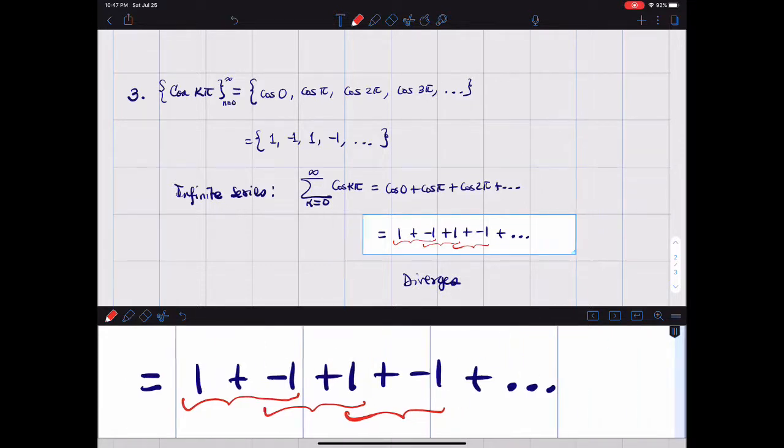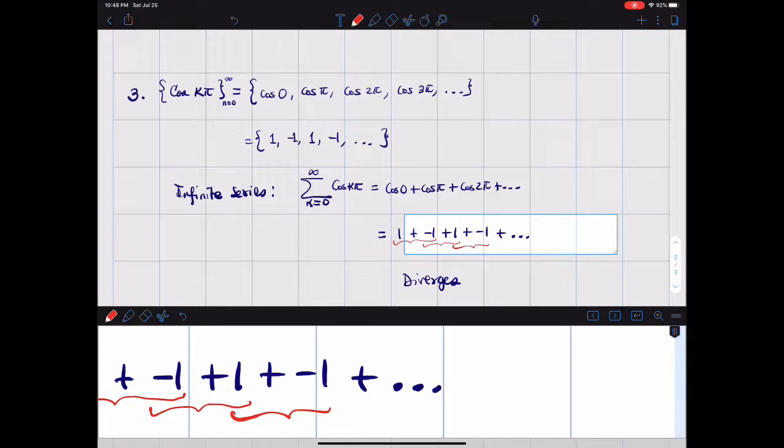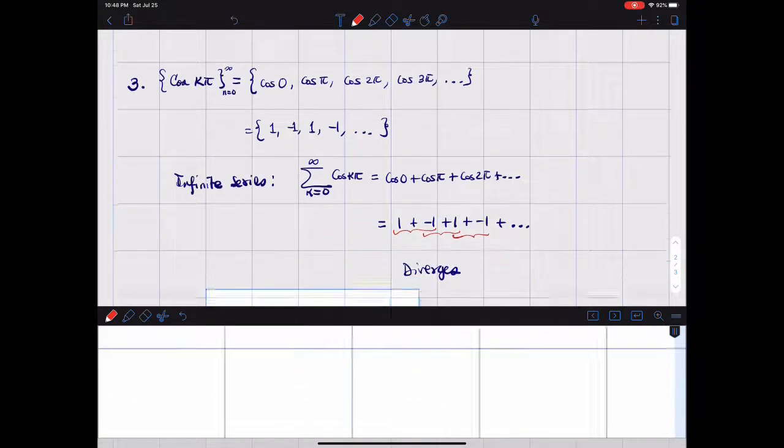Assuming it adds up to 1, but then the next term is negative 1, so it becomes 0. So the sum oscillates between 0 and 1. Okay. So it diverges. It doesn't add up to a particular number.